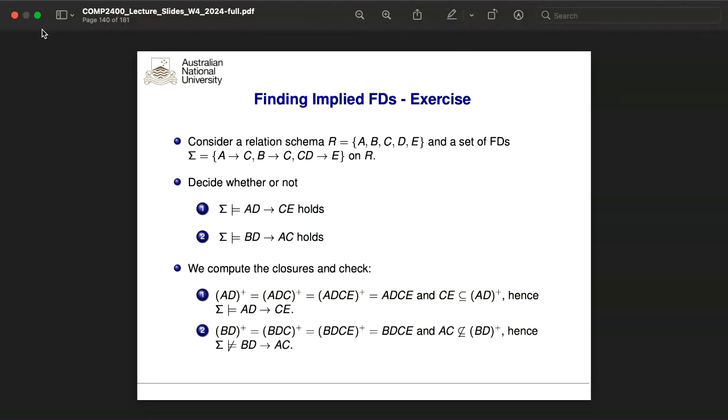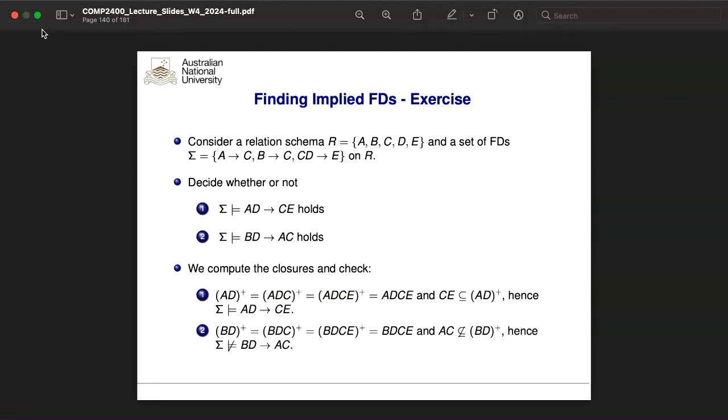Because B determines C, we put C as well. Because CD determines E, we put E. Finally, we have BDCE, that's the closure. Then we compare with the Y in the question, that's AC. Because AC is not a subset of the closure, the conclusion is this function dependency is not implied by the given set of function dependencies.